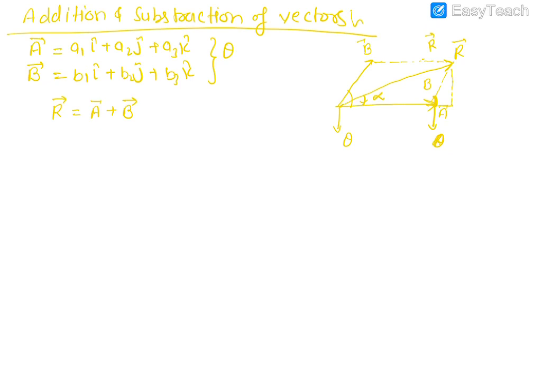Now if we look at this triangle, suppose this is m, this one is some n, this one is some o. So in triangle mno, what can we write? We can write mo whole square is equal to on whole square plus mn whole square.